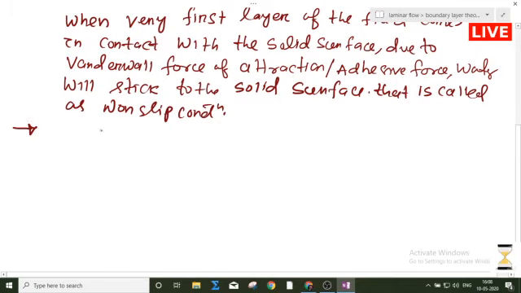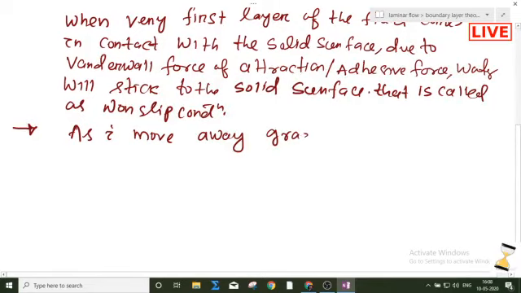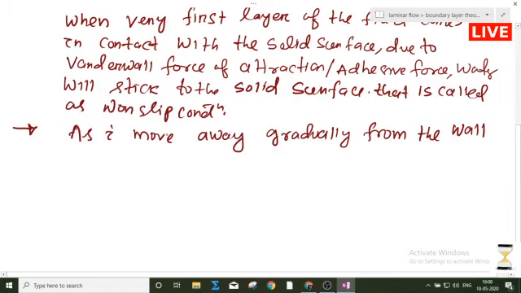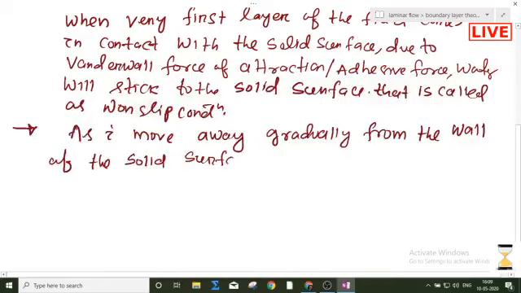So second point: as I move away gradually from the solid surface, from the wall of the solid surface, what will happen?